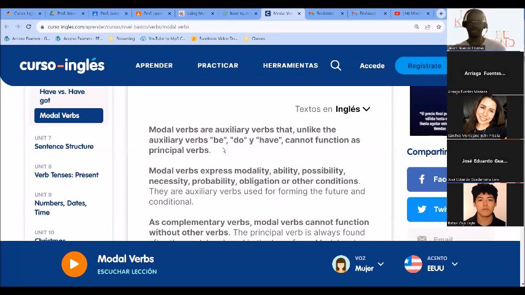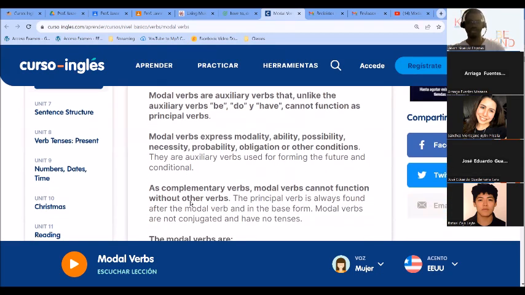Modal verbs are auxiliary verbs that, unlike the auxiliary verbs be, do, and have, cannot function as principal verbs. Modal verbs express modality, ability, possibility, necessity, probability, obligation, or other condition. They are auxiliary verbs used for forming the future and conditional.